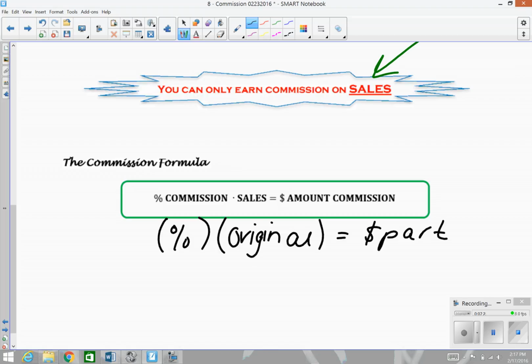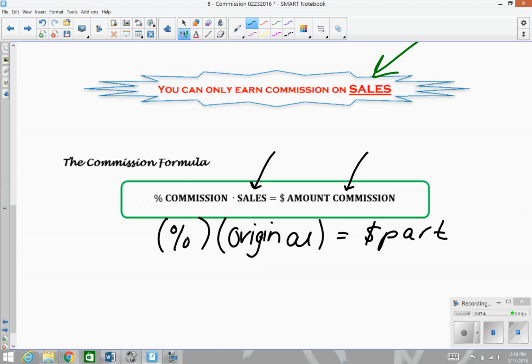Hopefully you're recognizing that this is the exact same thing as Formula 1 that we've been using for tax and tip and markup and markdown and everything else we've been talking about so far. What's special about this is that it's always percent times the amount of sales gives you the amount of commission.